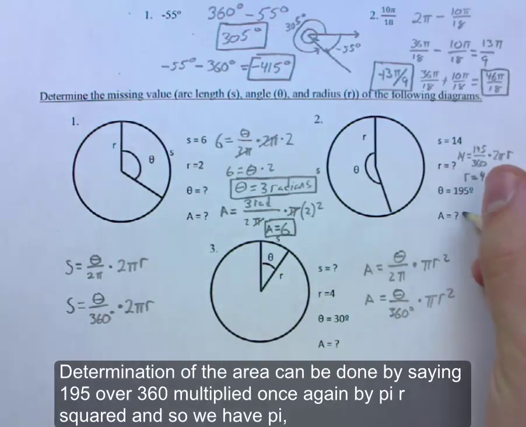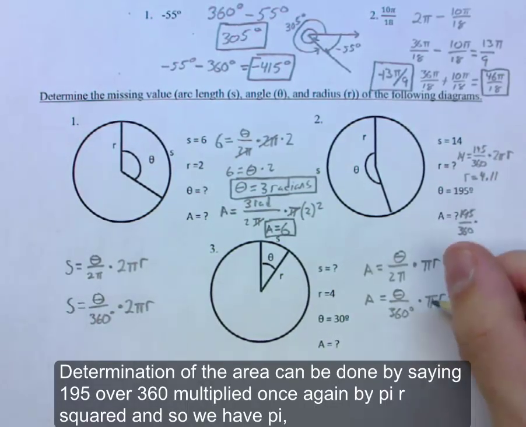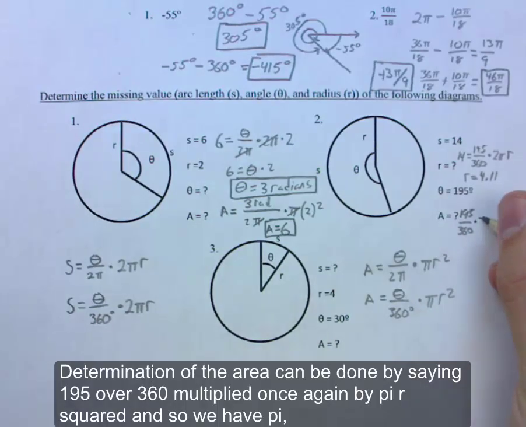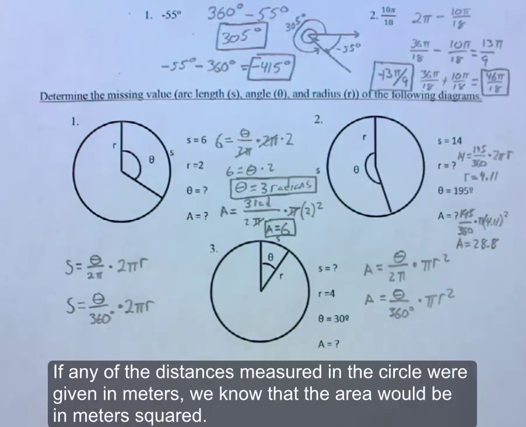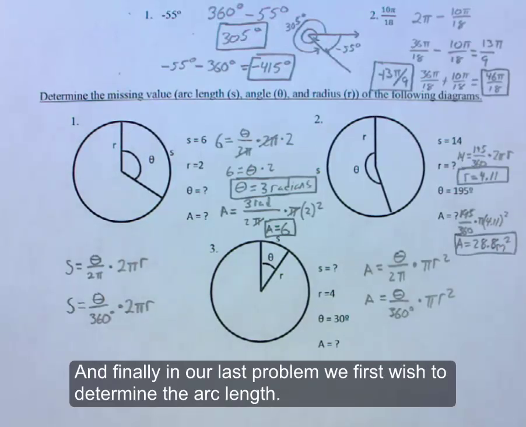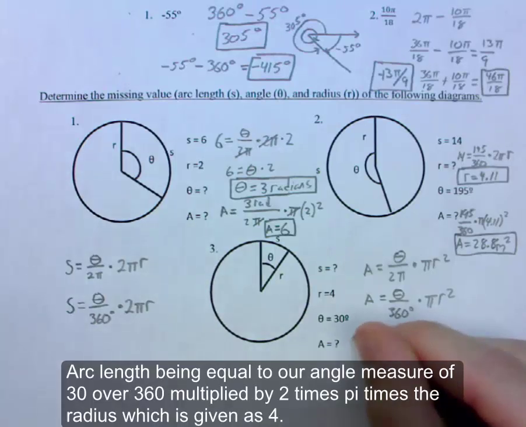Determination of the area can be done by saying 195 over 360 multiplied once again by pi r squared, and so we have pi times the r, which we just determined as 4.11, squared, and so we get an area measure of 28.8. If any of the distances measured in the circle were given in meters, we know that the area would be in meters squared.